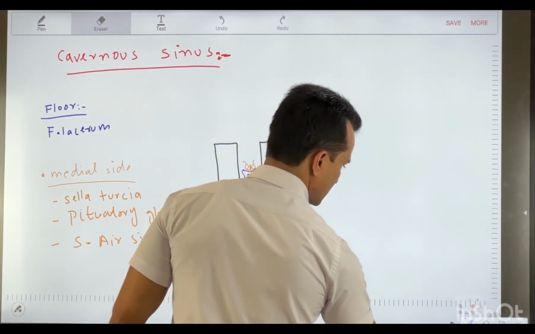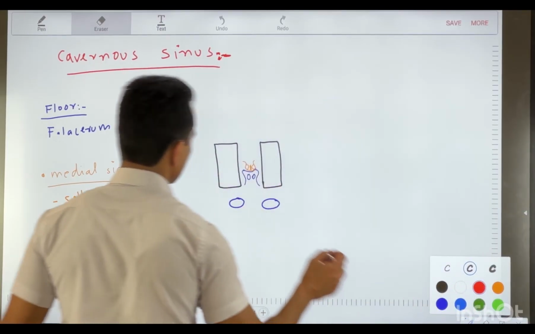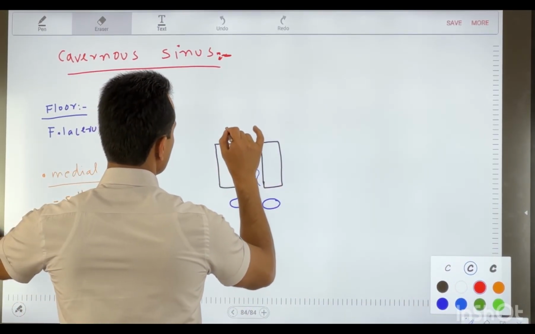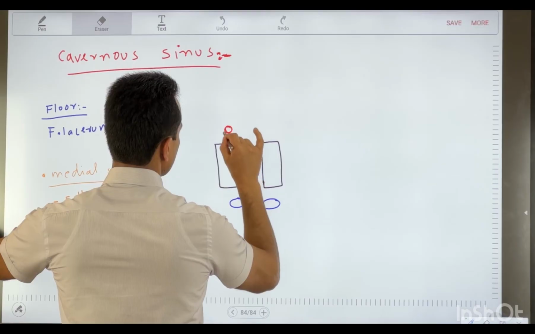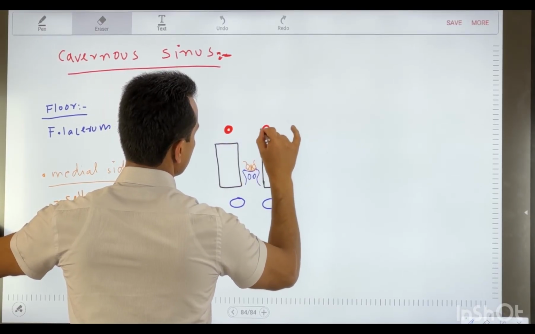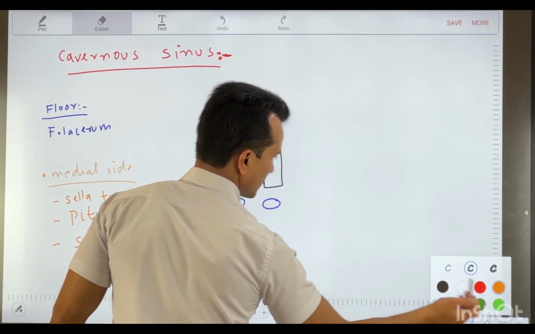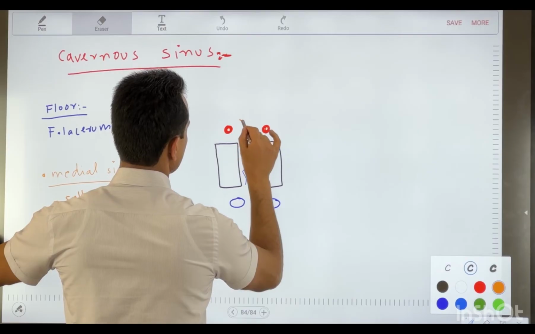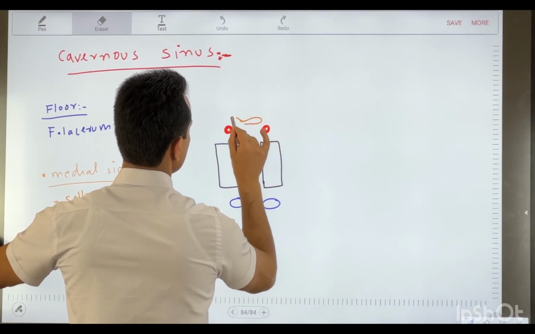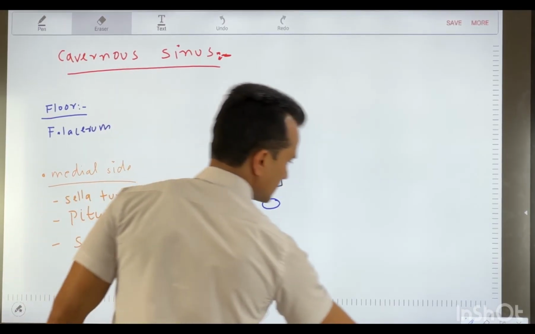And what is present on the roof? On the roof you have got this internal carotid artery, and then also you have got the optic chiasma. This is your optic chiasma.